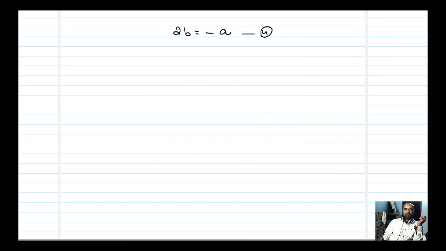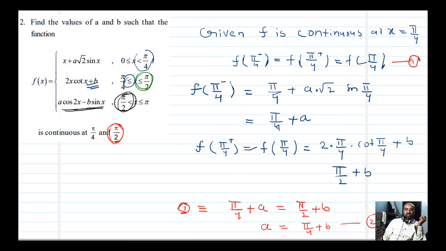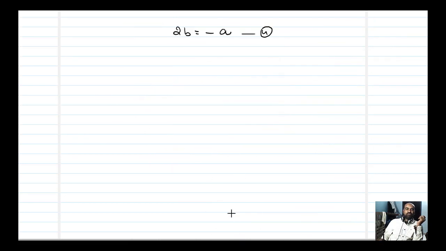Now observe, students. What you got as result number 2 is a equal to pi by 4 plus b. Now we got one more result, that is 2b equal to minus a. Using these two results we need to find the values of a and b. This is the second result and this is the fourth result.